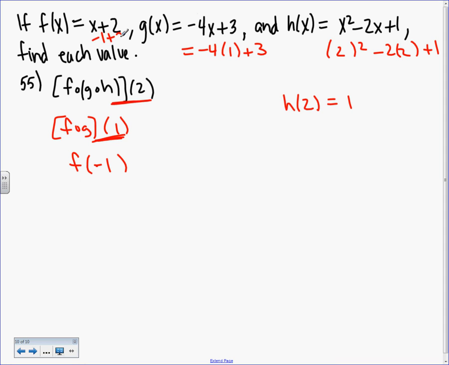What is negative 1 plus 2? 1. Final answer is 1. You take this answer, you put it in here. You take that answer, you put it in here. That's a composition. You take the answer you had and you use it for something else. Ask me a question. Or would I lose you? You sure? Okay. Yeah.